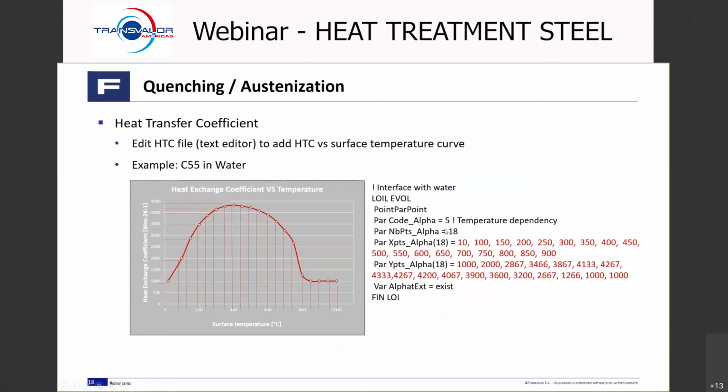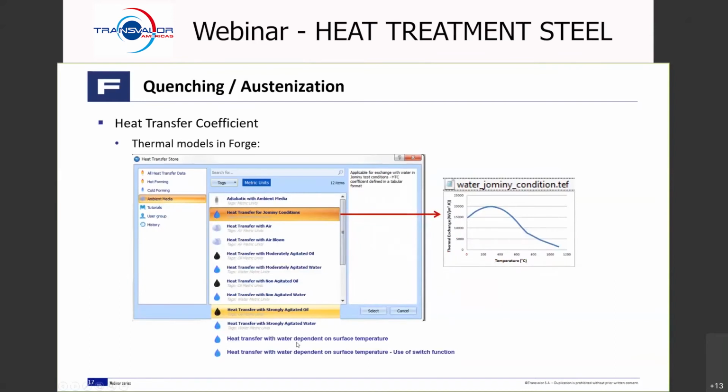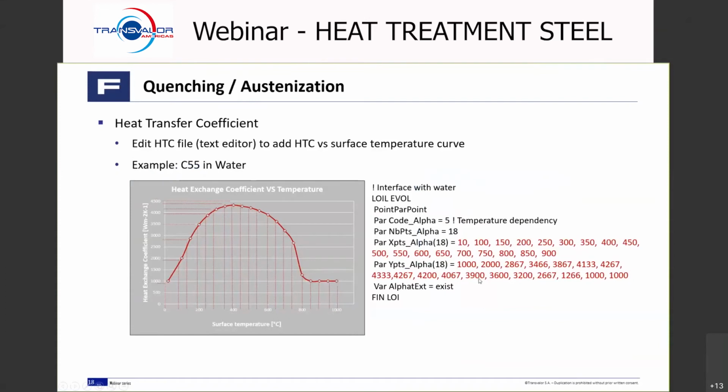This is how it looks. You can use the template again. It's called heat transfer with water dependent on surface temperature. You can use that and then modify the points according to the curve you have. Otherwise, this is the block you have to add to the HTC file.